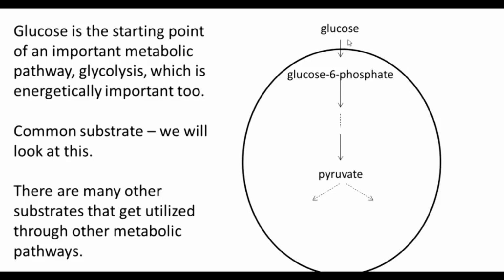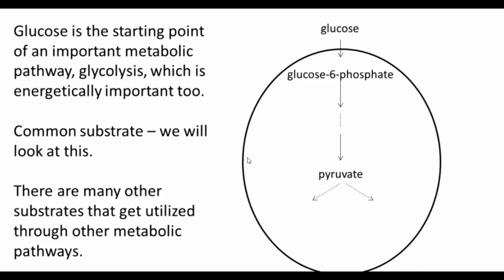The glycolysis itself is supposed to be from glucose to pyruvate. So since this is an important set of reactions, important metabolic pathway that takes place in the cell, glucose is a typical substrate that is considered. There are many other substrates that can get utilized through other such metabolic pathways in the cell. Let's not get into the details. Glucose is not the only substrate, but it's a very common substrate.